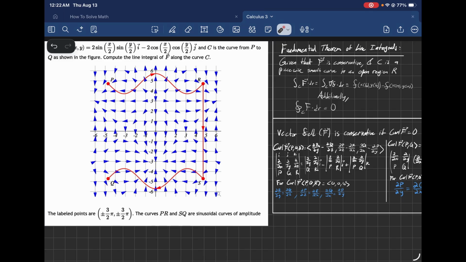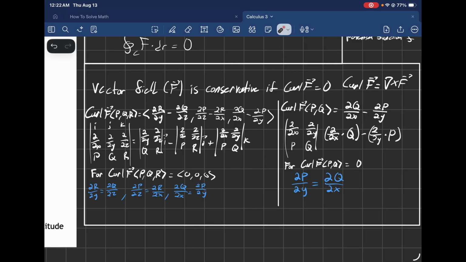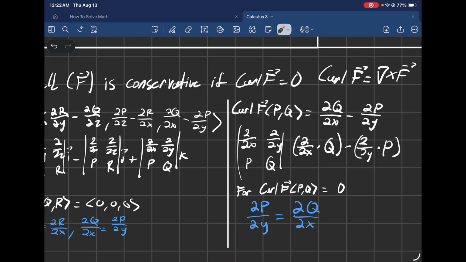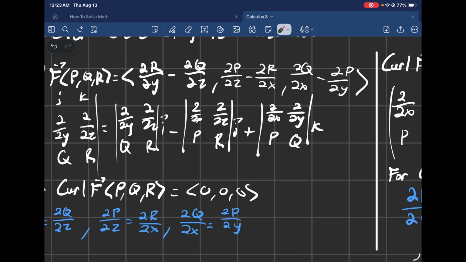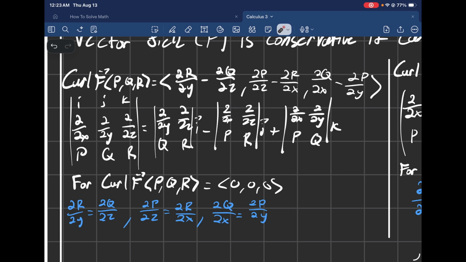Additionally, we need to check that f is conservative. To make sure that our vector field f is conservative, we just have to make sure that our curl is equal to 0. Remind ourselves that our curl is just the cross product between the gradient and our vector field. You don't have to worry about this, I just have it here for reference, but this is for the case where our vector field is in 3D.